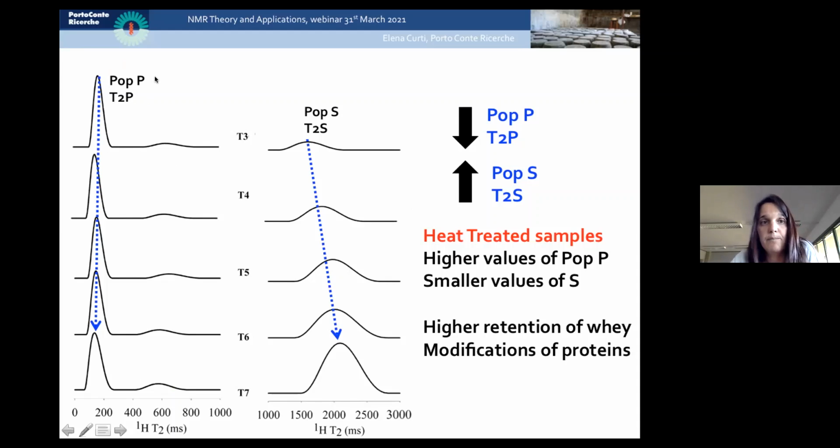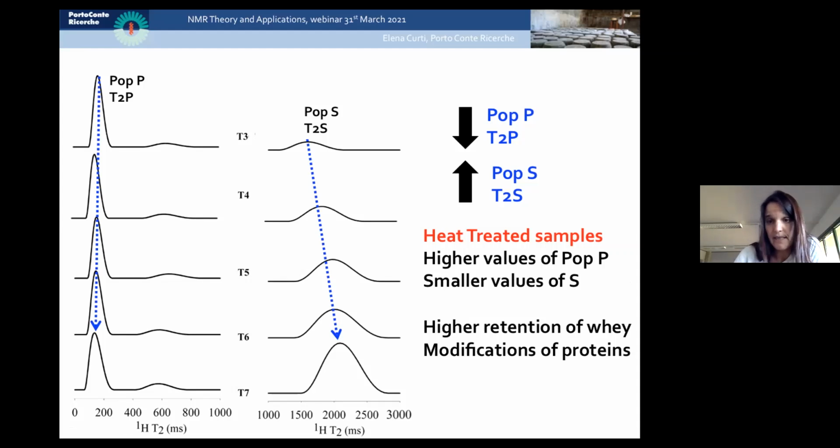When we looked at the data, both the percentage of population P and the relaxation time T2P, and population S as well, we saw that in the heat-treated samples we have higher values of population P and smaller values of population S. We also observed that during syneresis, population S is increasing in percentage.